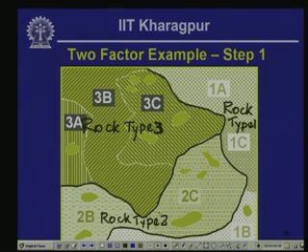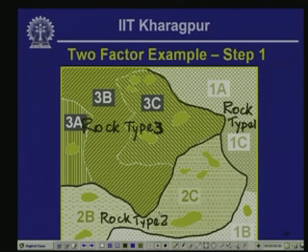Then we classify the areas underlain by these individual rock units by the average relief in a given area.